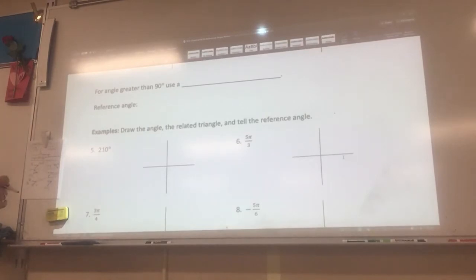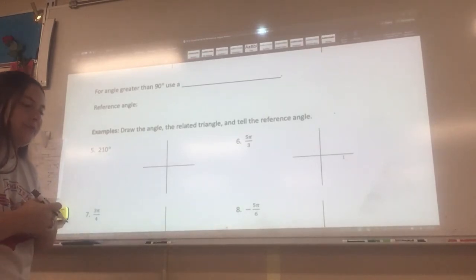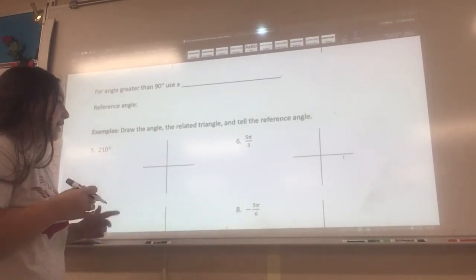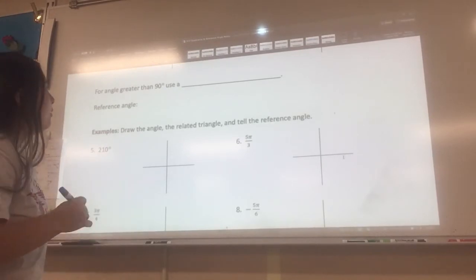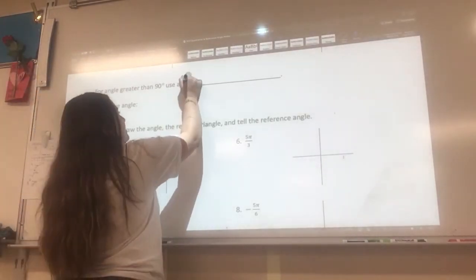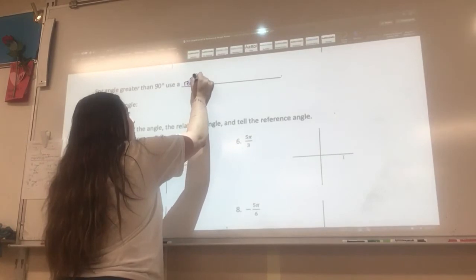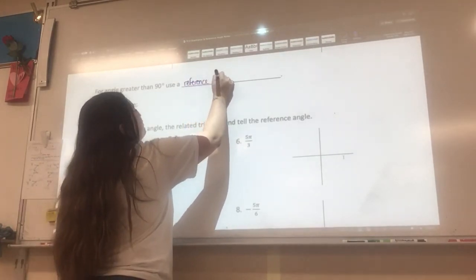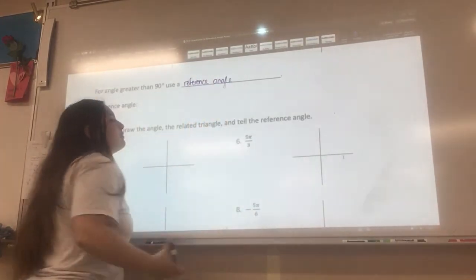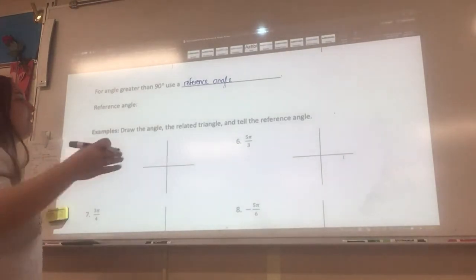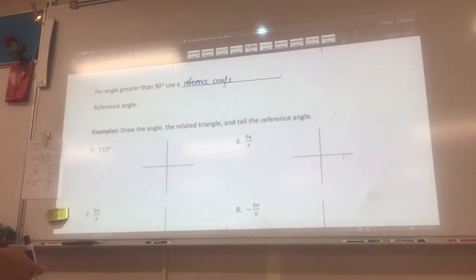For an angle greater than 90 degrees, so anything more than 90, 91 right there, we're going to use what is known as a reference angle. Reference angles are huge. Again, this is why we're talking about it now, so when you go to trig, you're like, I understand.